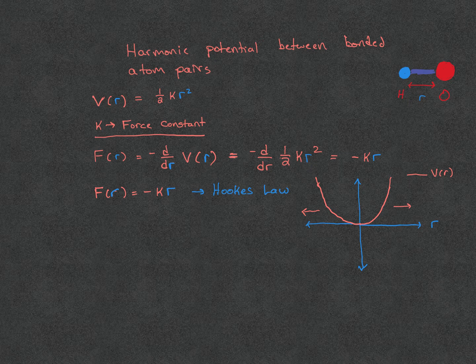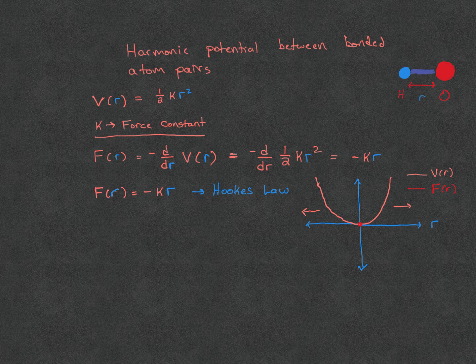Now, let's also plot the Hooke's law force. Let me do it in red. It's just the derivative of this parabola multiplied by -1. So it goes to 0 also at R equals 0.